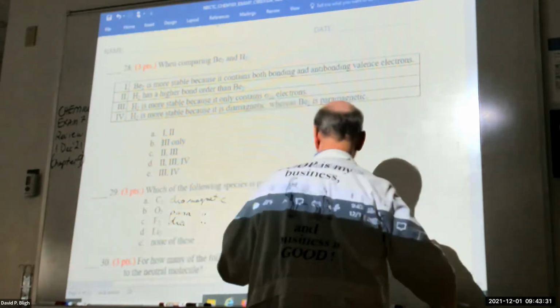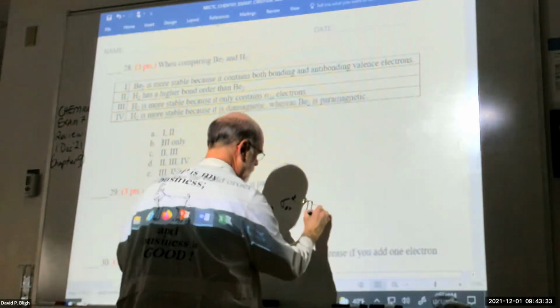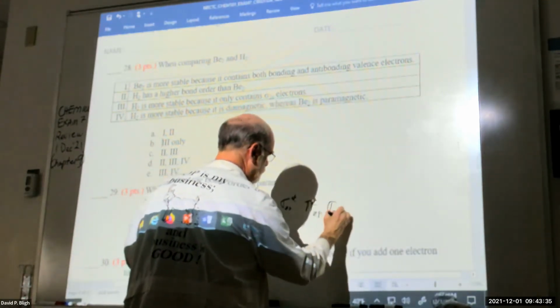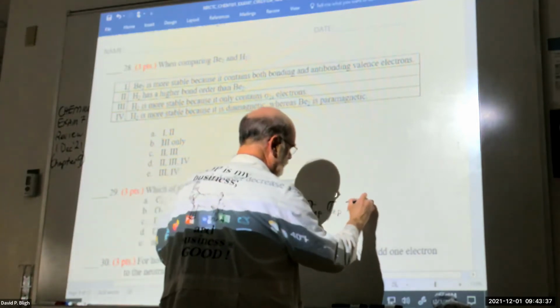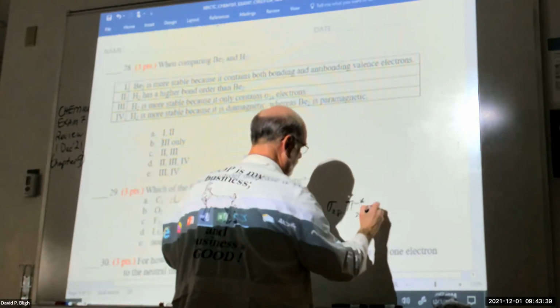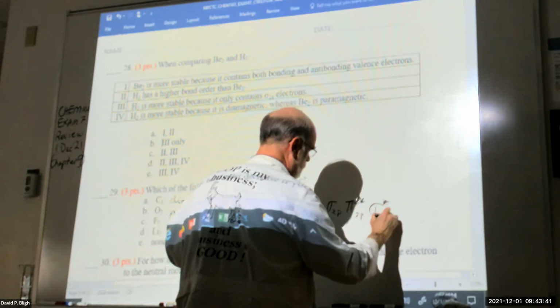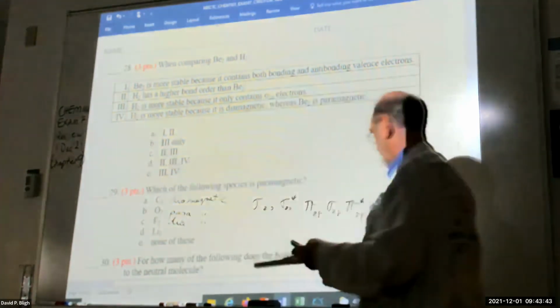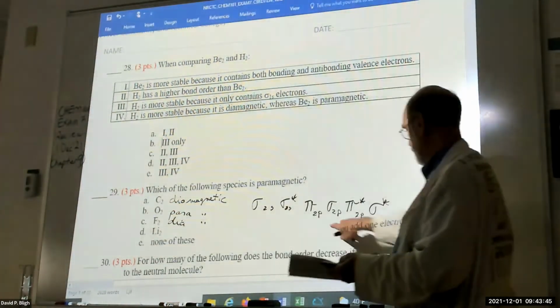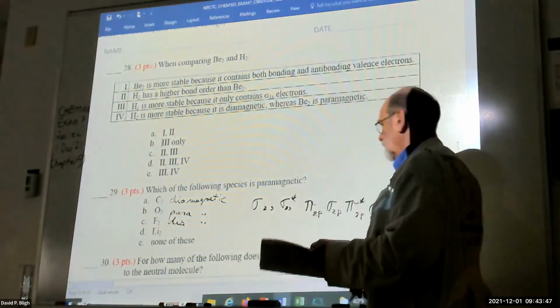So it's going to have pi 2p first, and then sigma 2p, and then pi star 2p, and then sigma star 2p. So that's the order. We flip these two right here.